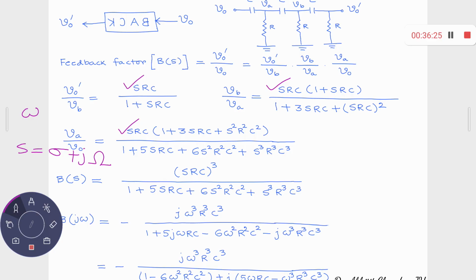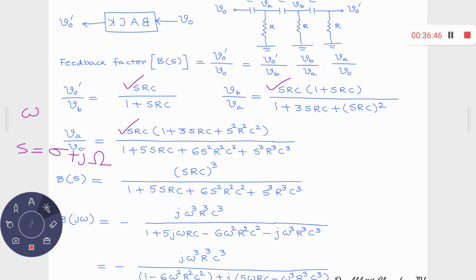Anyway, as far as our notation goes, here we use the small omega as the analog frequency, that is equal to j omega.